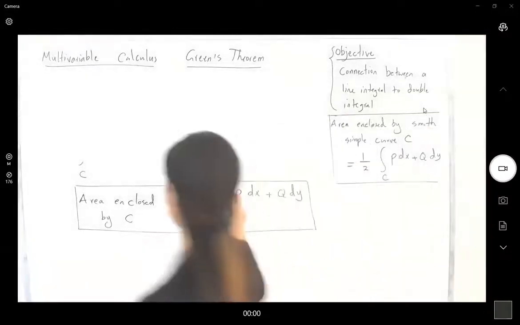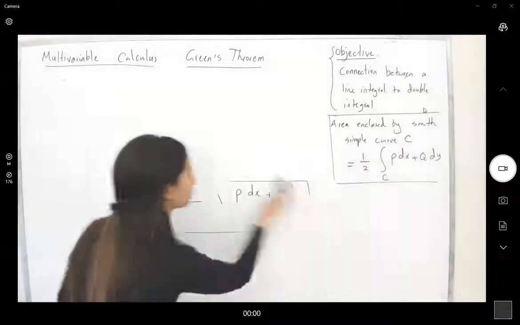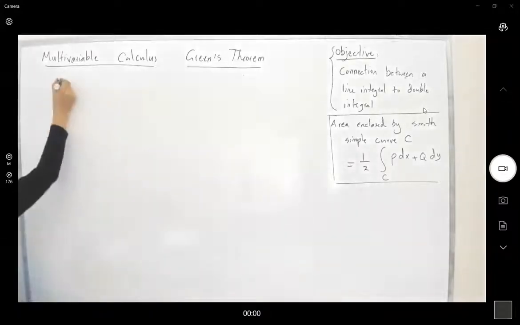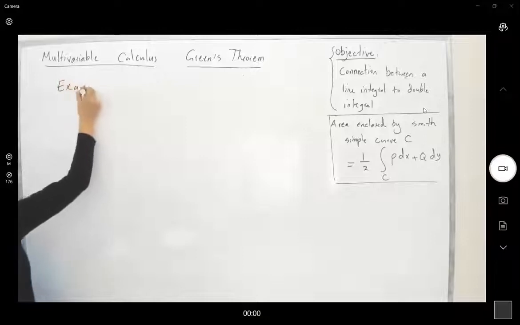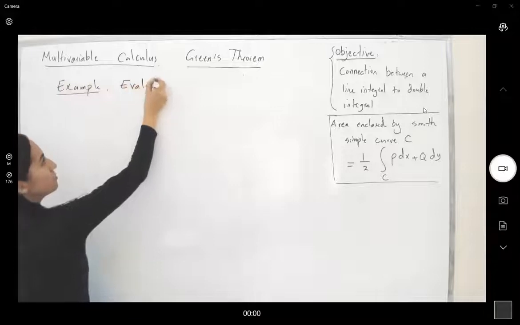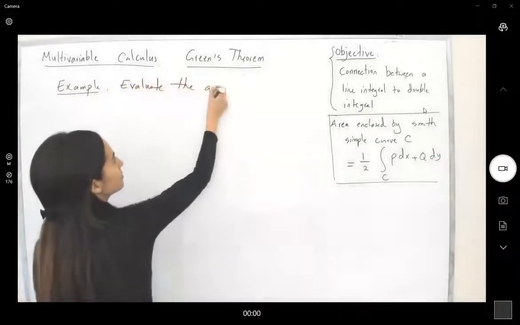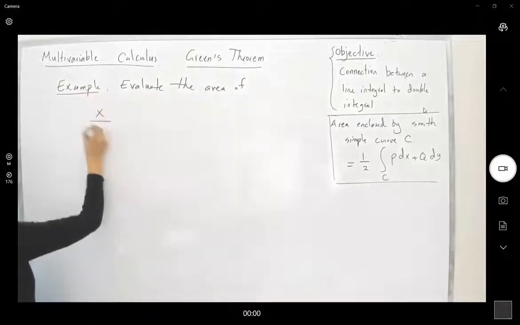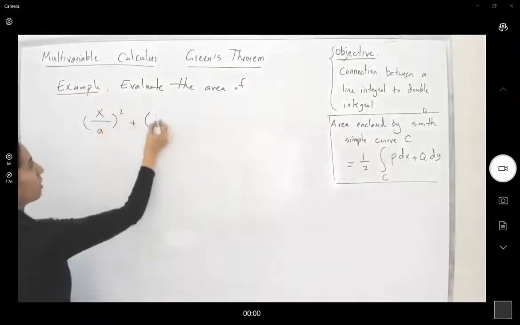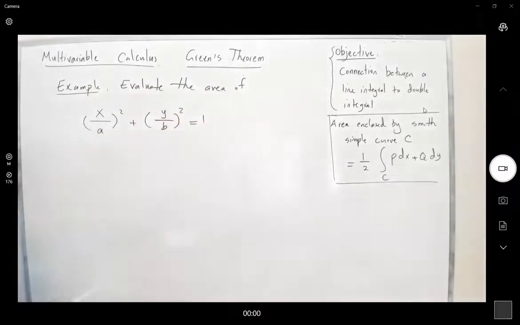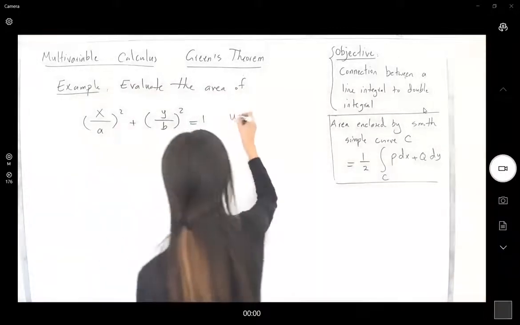Give us an example. How do we use this formula? Well, the example says: evaluate the area of x squared over a squared plus y squared over b squared equals 1, which is an ellipse, using a line integral.